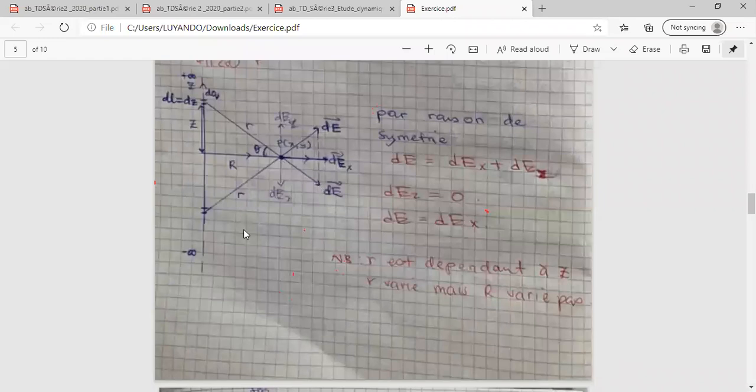Let me draw. I consider my dE, so I can have this line, and then this is my dE.